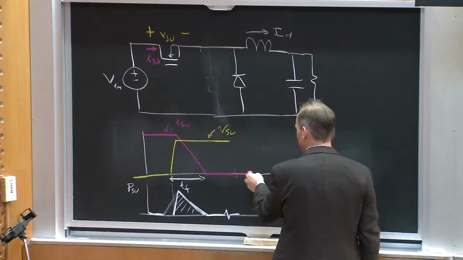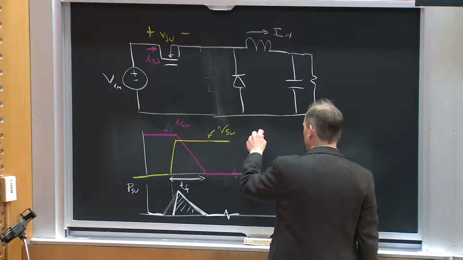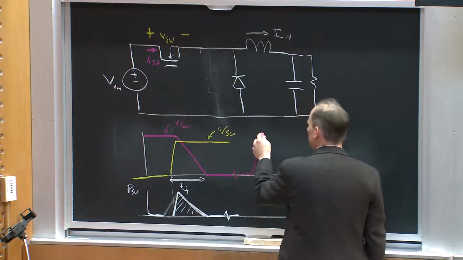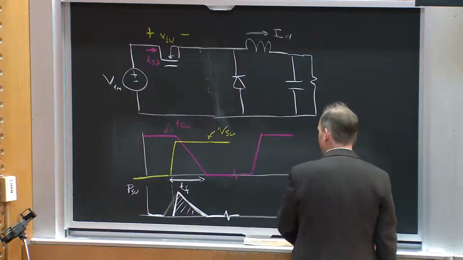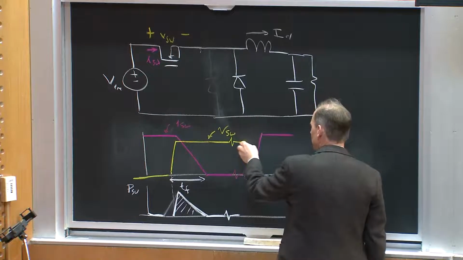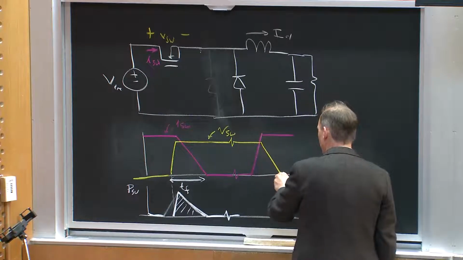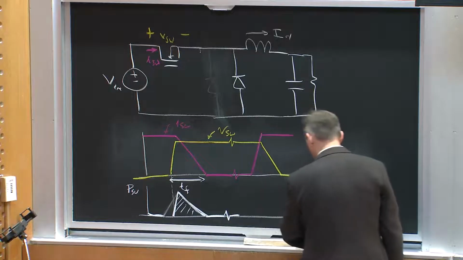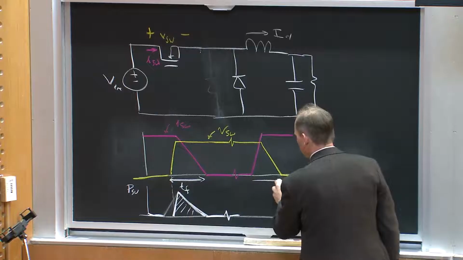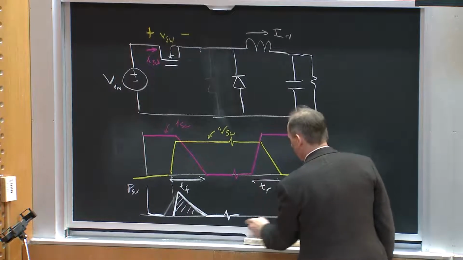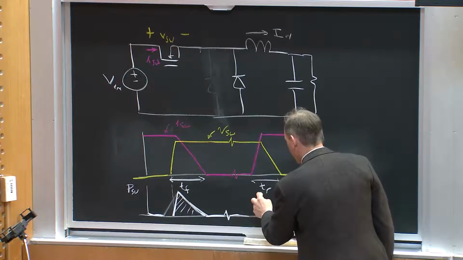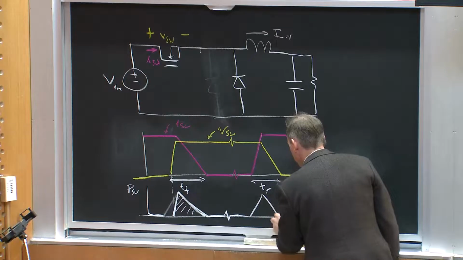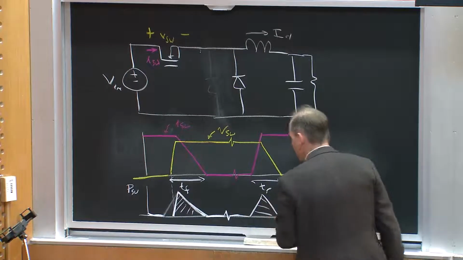Later at the other end of the cycle, the switch current rises, and then after the switch current rises, the switch voltage can fall, right? And I might call this time period T rise. Okay? And again, I will get a big power pulsation during that time period.